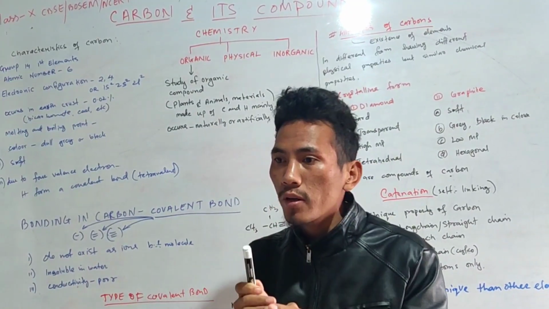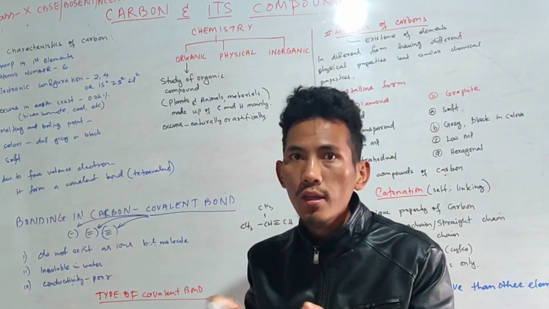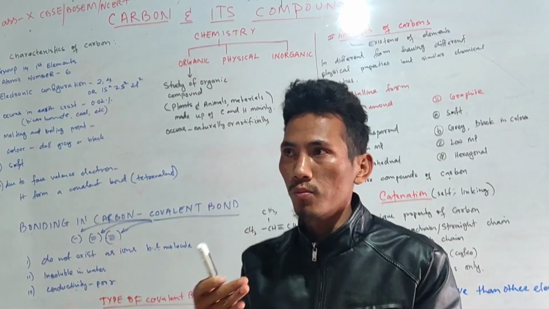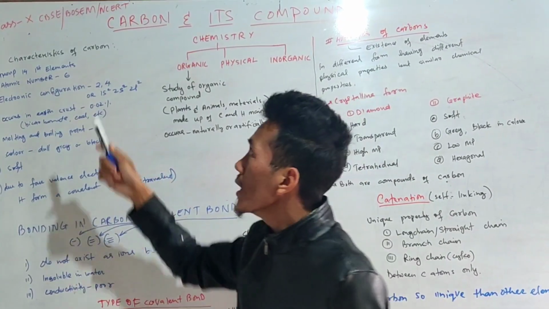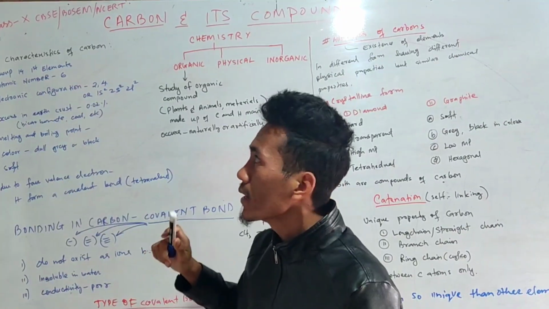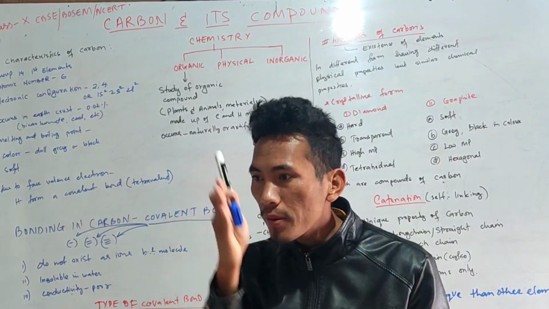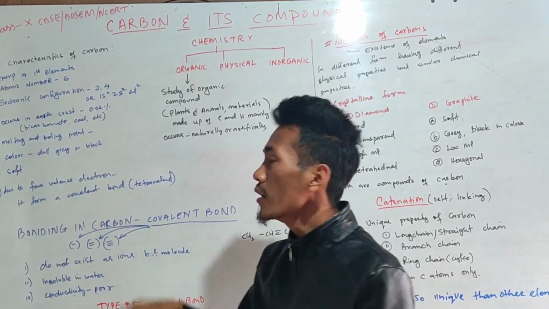In chapter 1 we studied that there are 7 periods and 18 vertical columns called groups. Out of them, carbon is present in group 14, and carbon is the first member of this family. You should remember that.